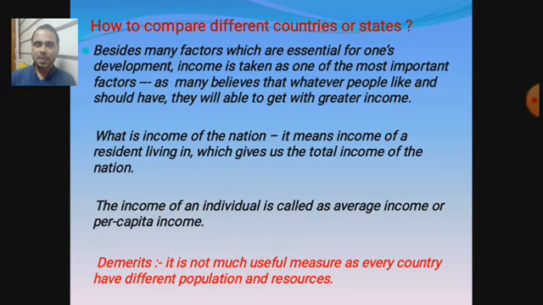Clear? But this method of comparison has certain demerits. It is not very useful to measure every country which has a different demography or resources. When we talk about the demography, it means the population of that country. Clear?